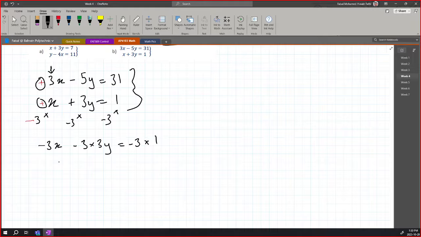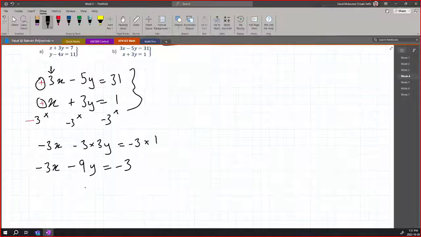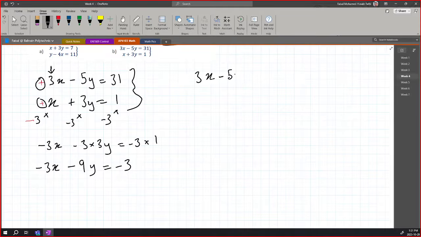I just did it like this عشان يكون شوي أوضح حق بعضكم. If we simplify this, it's minus 3x minus 9y equal to minus 3. Okay? So now if we want to rewrite both equations again, it is going to be 3x minus 5y is equal to 31, and minus 3x minus 9y is equal to minus 3.